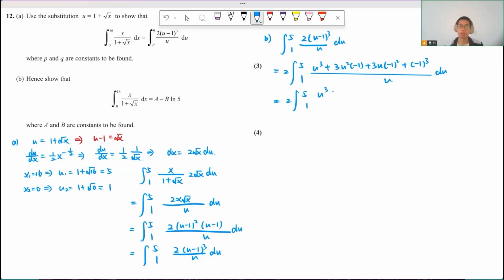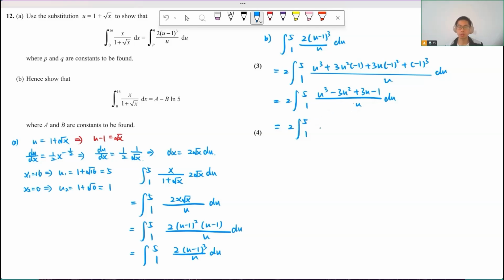So that will be 2 times the integral from 1 to 5 of u to the power 3 minus 3u squared plus 3u minus 1 all over u du if we simplify it. And then because we have more terms in the numerator and only one term in the denominator, we can just split this into individual fractions.